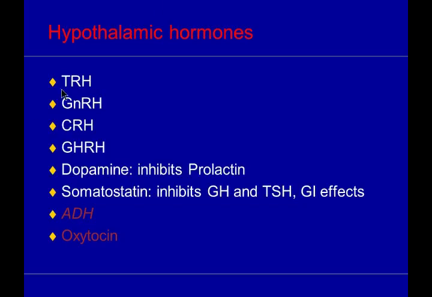Thyrotropin-releasing hormone, gonadotropin-releasing hormone, which regulates both LH and FSH, corticotropin-releasing hormone, which regulates ACTH, growth hormone-releasing hormone, which releases growth hormone, and dopamine, which is a classic neurotransmitter, not one of these modified neurotransmitters, but a classic neurotransmitter, is the inhibitory factor involved in prolactin.